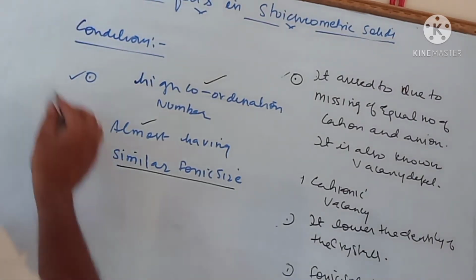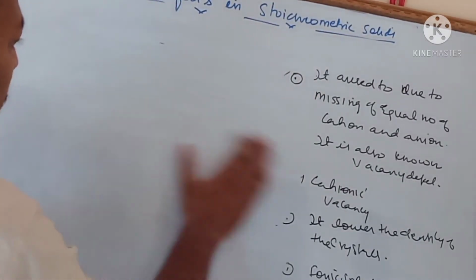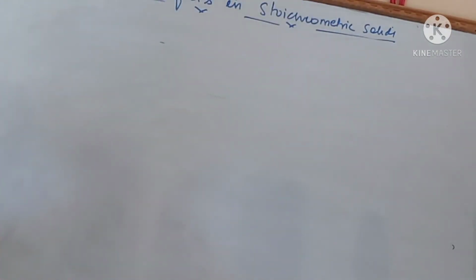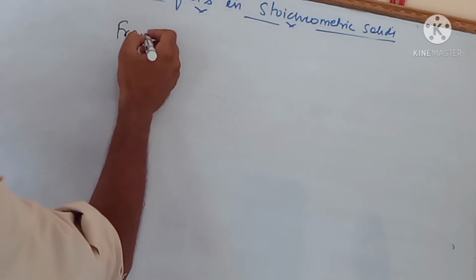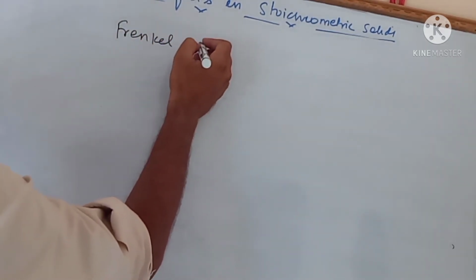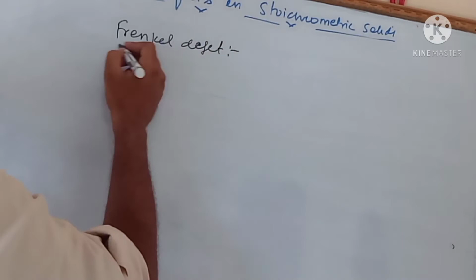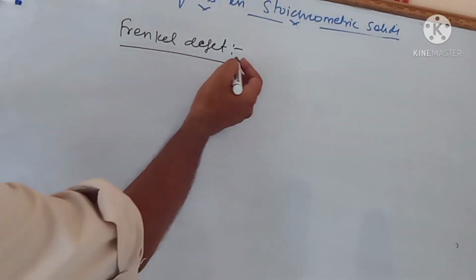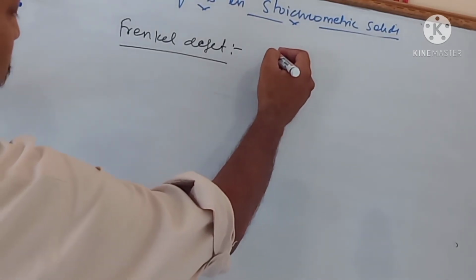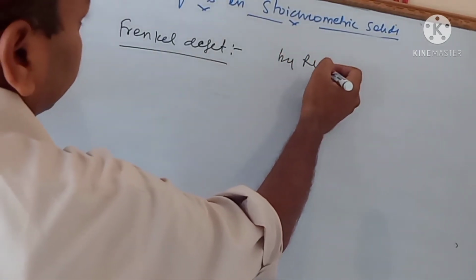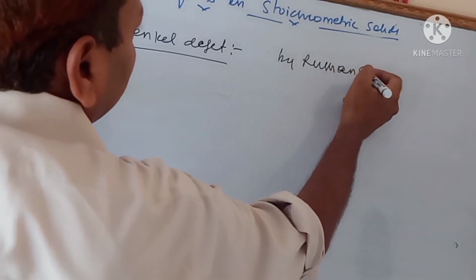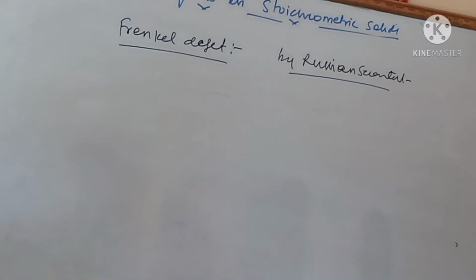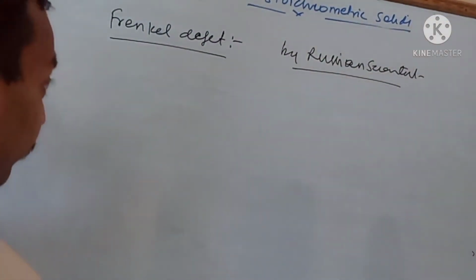Now next I am taking Frenkel defect. What is Frenkel defect? Okay, Frenkel defects. This is also a point defect in stoichiometric compounds. Yes, Frenkel defect, it was discovered by a Russian scientist. Now what is the concept of Frenkel?